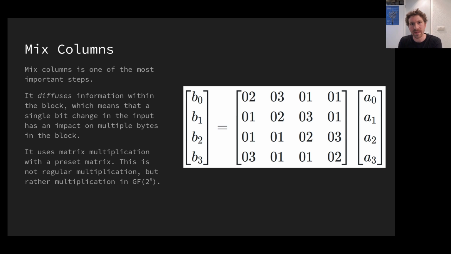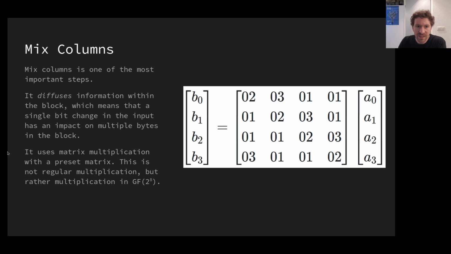What that means is that if we change a single bit in our input, like our plain text, that has an impact on multiple bytes on the output. So I flip one bit here, it doesn't just flip one bit on the output, it flips a whole bunch of bits, and it moves things around in a way that is not easy to get back to. It is reversible, but it's not obvious when mixed in with all of the other steps.